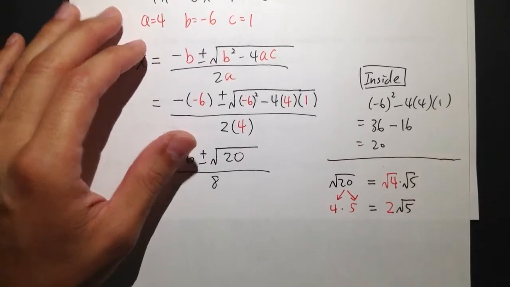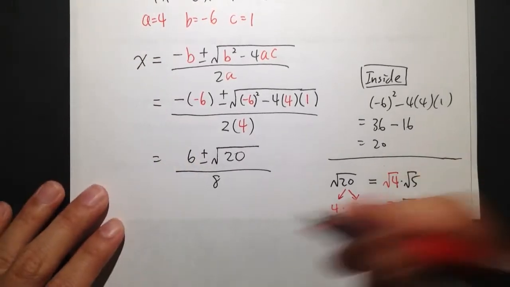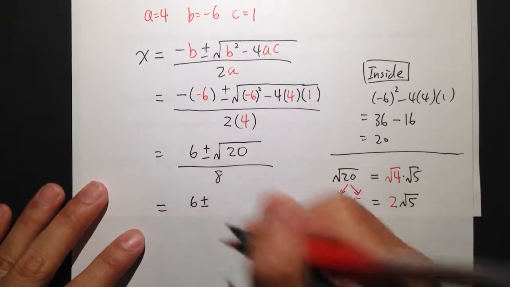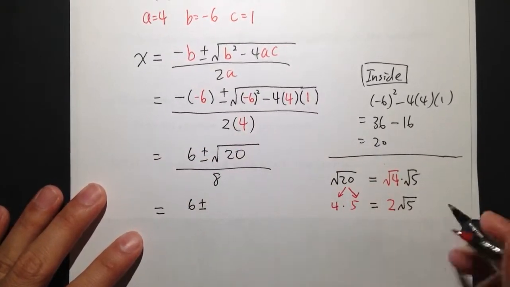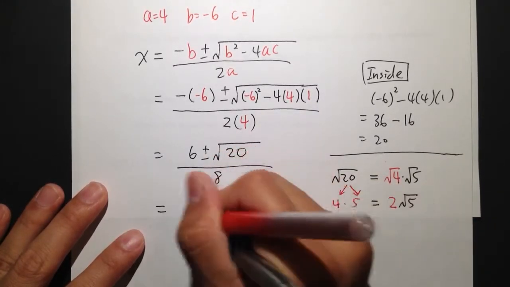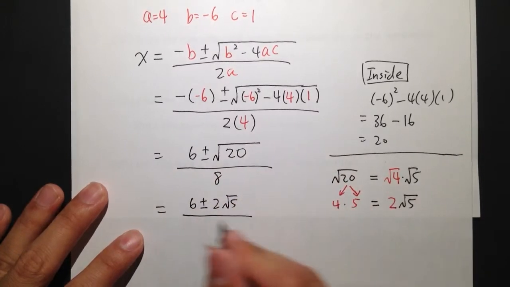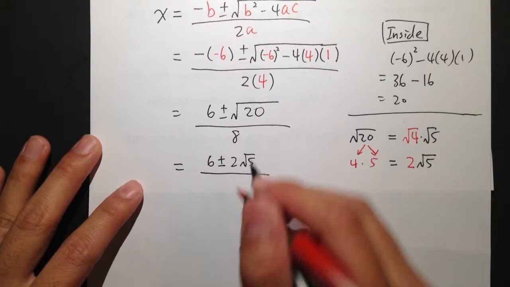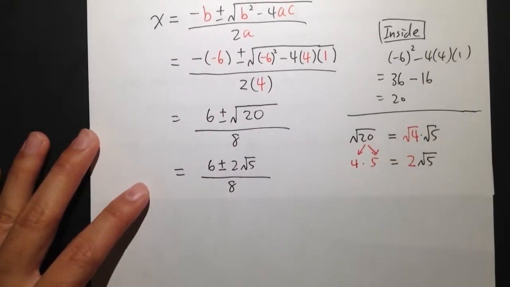And then square root of 5. So then, come back here, we have 6 plus or minus square root of 20 becomes 2 square root of 5. Make sure that you put both of the numbers. It's everything over 8, like that.